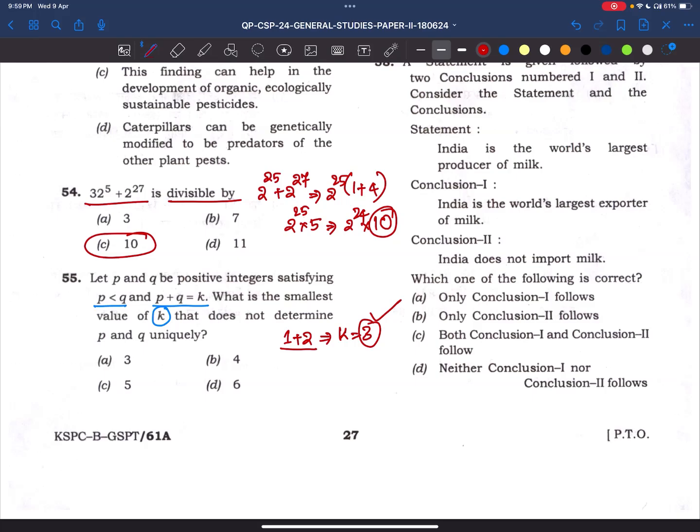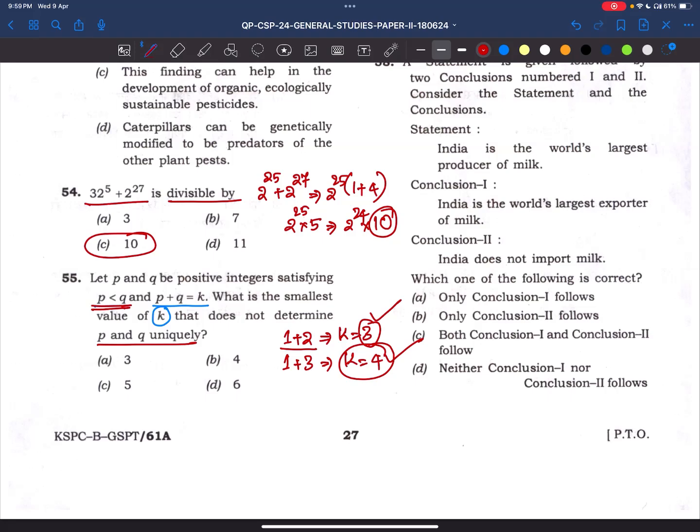Without 1 and 2, we can't represent 3 in another form, right? Now 1 plus 3, then K is equal to 4. It is the only possibility to represent K value. See, even 2 plus 2 can be written, but see here, P is less than Q, right? Here also we are getting K which is determined with P and Q as unique values.